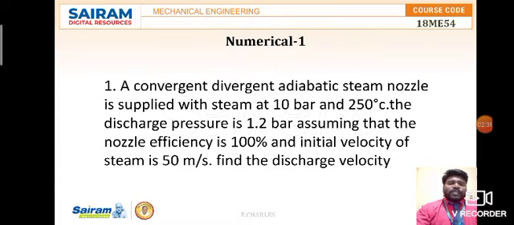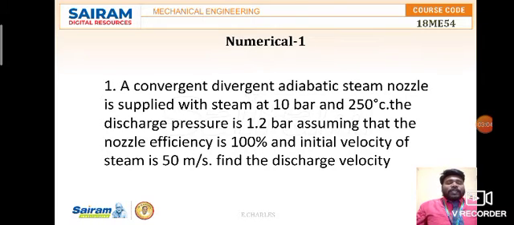So convergent is decreasing area and divergent is increasing area. That is how we have to understand it. At the same time, the nozzle is adiabatic. What is the meaning of adiabatic? It is isentropic, that means entropy remains constant.